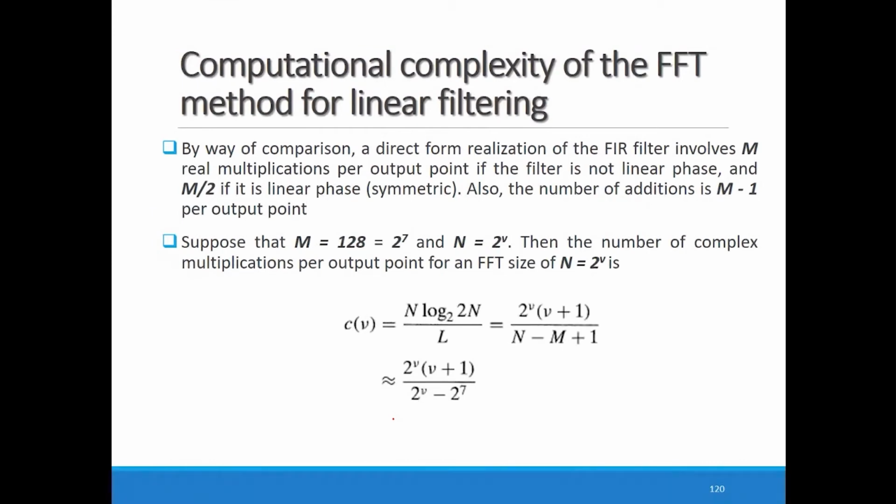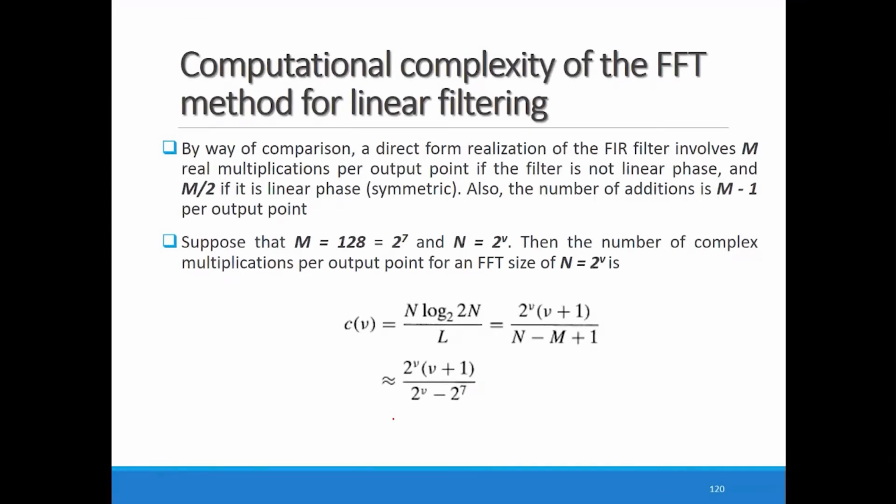So in an FIR filter, m real multiplications per output point are needed if the filter is not linear phase, and if it is symmetric, we have to calculate m by 2 computations. Also the number of additions is m minus 1 per output point.